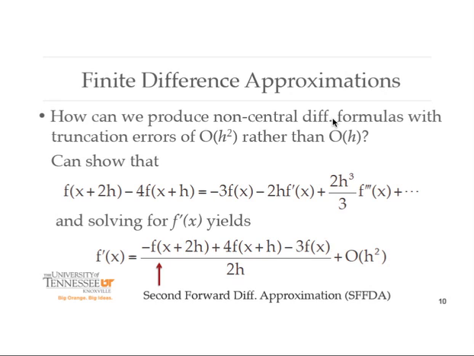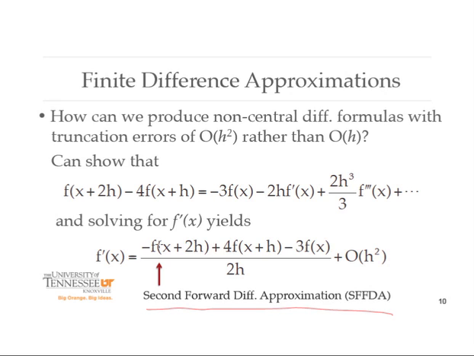Doing a little algebraic combination with our Taylor series, you can actually come up with what's called the second forward difference approximation. The other ones are called first order, the first forward difference, and had O of h. The second forward difference approximations are order h squared. So these are more accurate. But here's the big difference. Remember, if you go back to the previous tables, you'll notice that the forward and backward difference only used, for example, for the first derivative, 2 function evaluations.